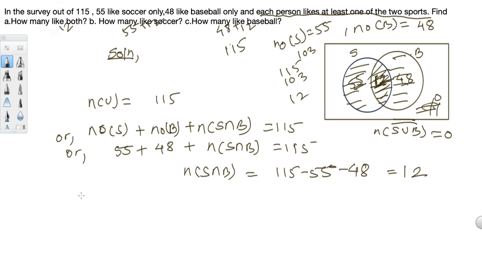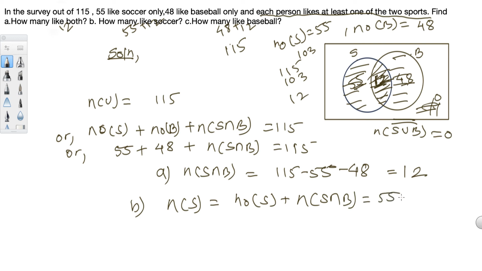Similarly, B, how many like soccer? Those who like soccer consist of all this circle, which is made up of n not S plus n(S intersection B). n not S is 55 plus our intersection is 12, so it will be 67.